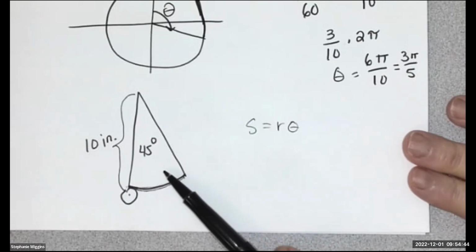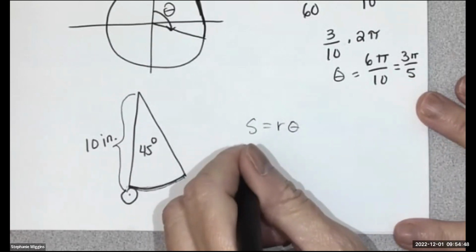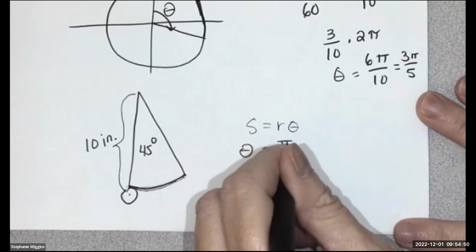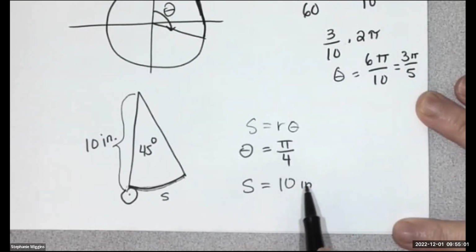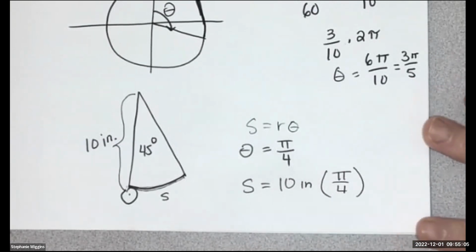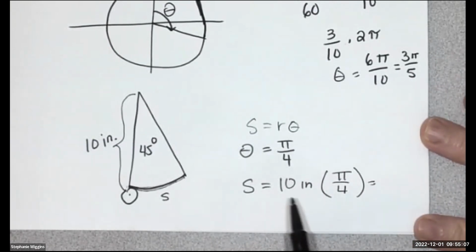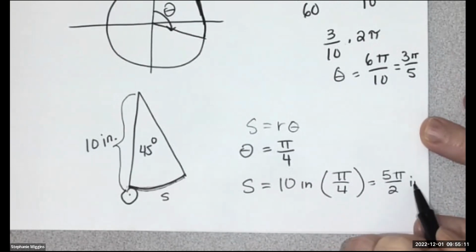So before you can solve the problem, you want to convert theta to radians. So theta equals pi over 4. And then you just take your R, which is 10 inches, and S equals 10 inches times your radian measure of your angle, which is pi over 4. And so we get 5 pi over 2 inches.